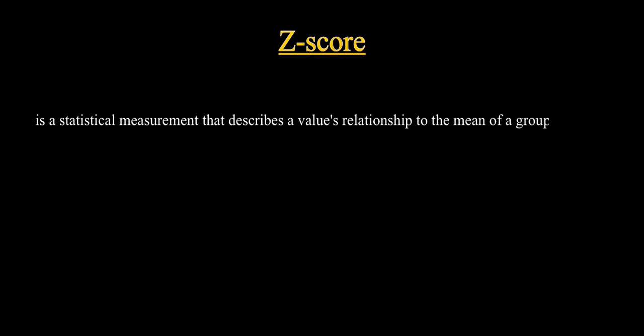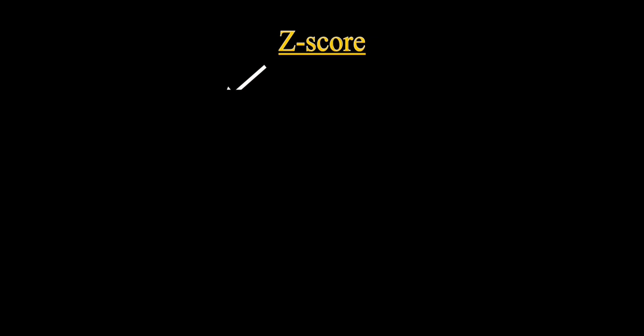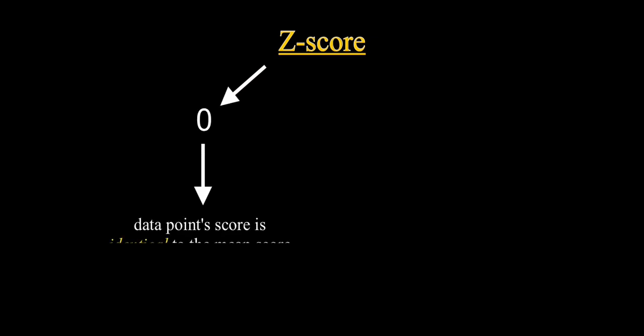Z-score is a statistical measurement that describes a value's relationship to the mean of a group of values. Z-score is measured in terms of standard deviation from the mean. If a z-score is 0, it indicates that the data point's score is identical to the mean score.